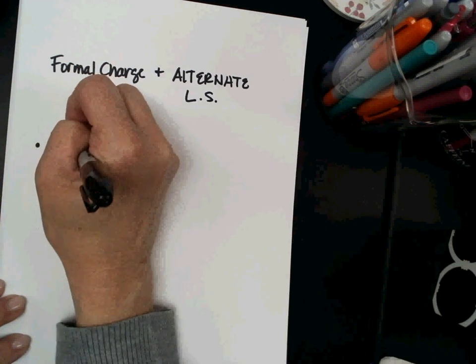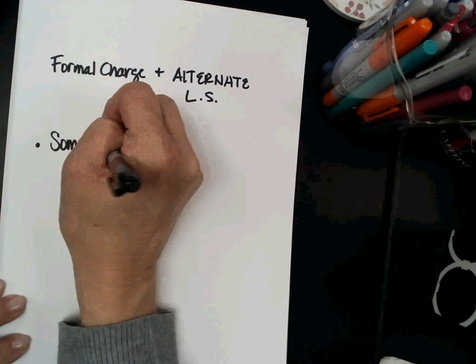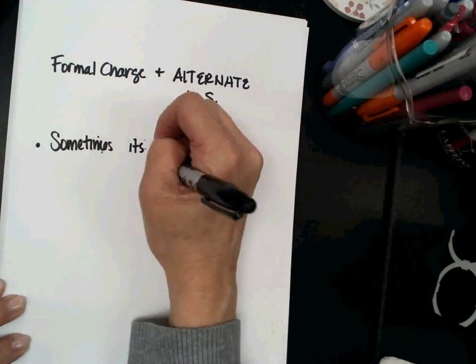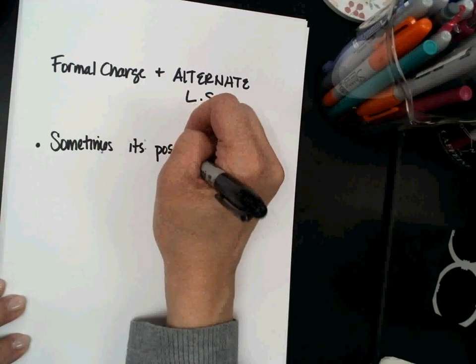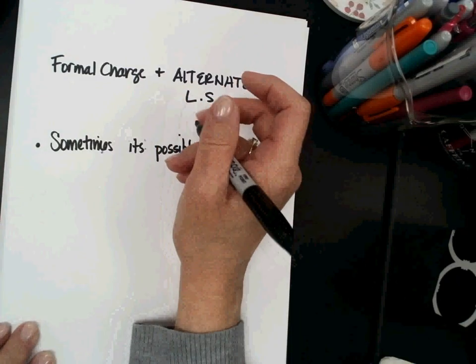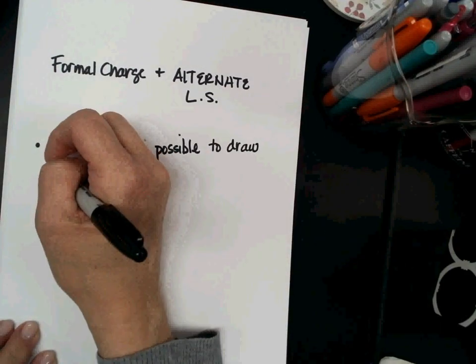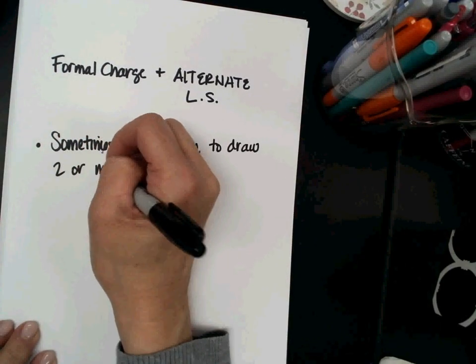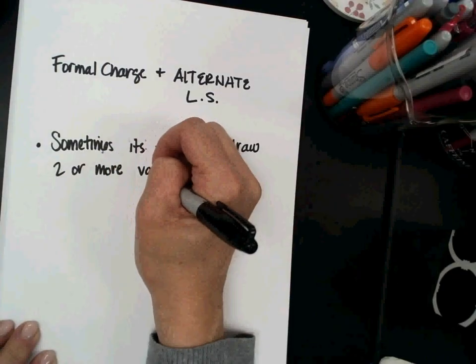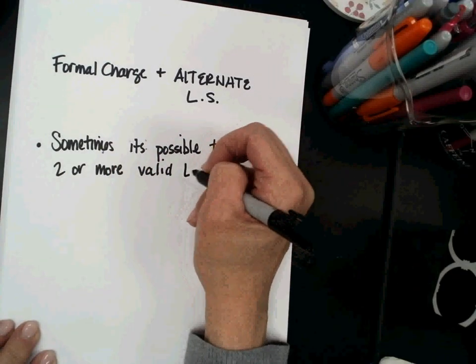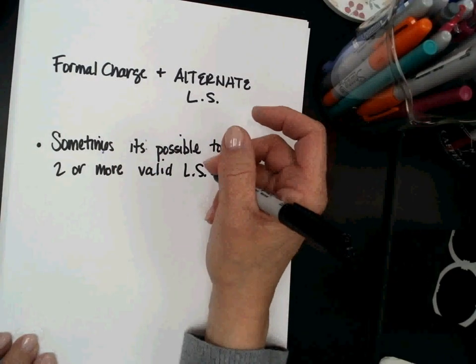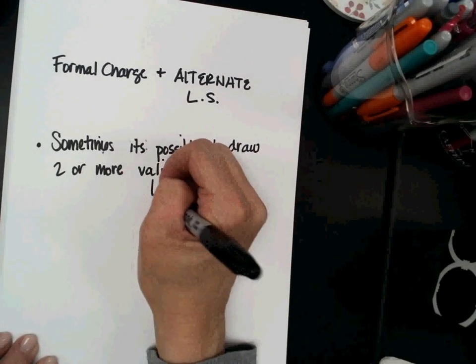Sometimes it's possible to draw two or more valid Lewis structures.